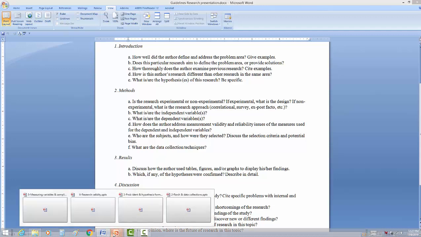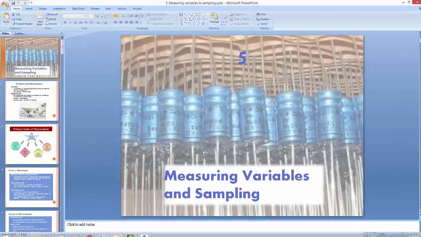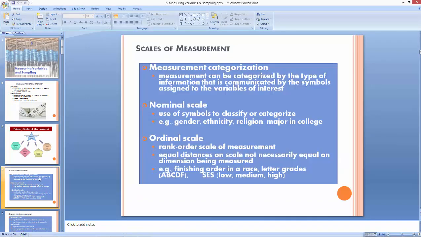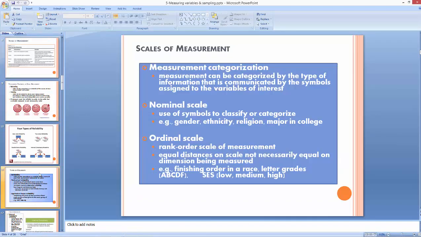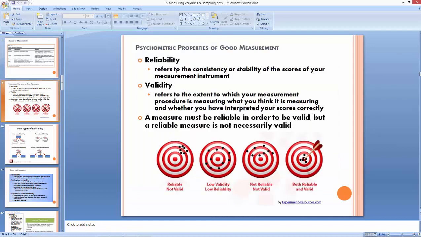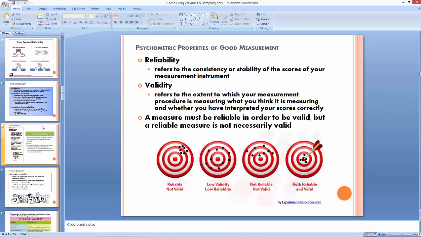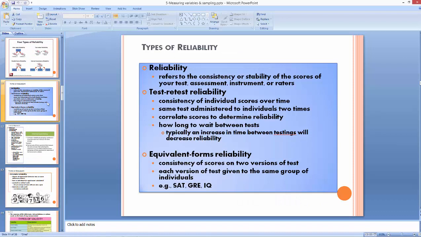Now, you'll remember we talked in considerable detail about the different types of measurement validity. And in that, we talked about reliability of the measure, and that refers to the consistency or stability, and validity as well. So a measure has to be both reliable and valid in order to be used in a good experiment.